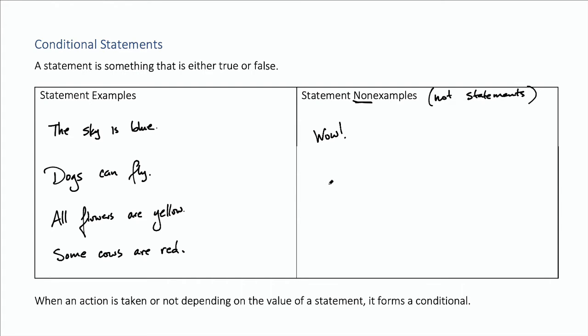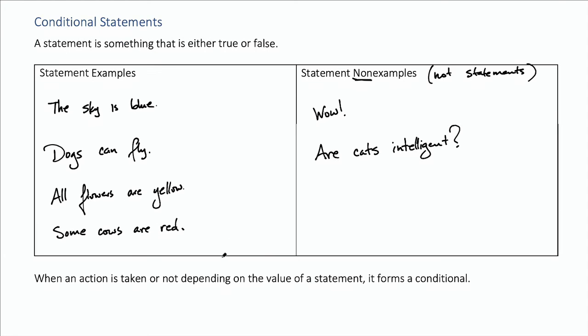Or things like a question: Are cats intelligent? This doesn't have a truth value. It's not either true or false. It's a question or some exclamation. So things that are not necessarily true or false are not going to be statements.